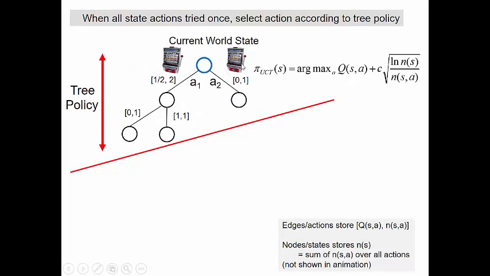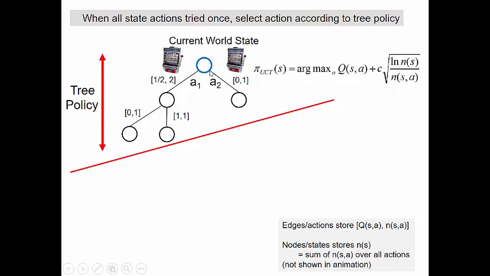The reason is that if you think of there being a bandit problem at the root here, traditionally in multi-armed bandits, each arm has a fixed distribution over rewards. It's the same throughout all time.